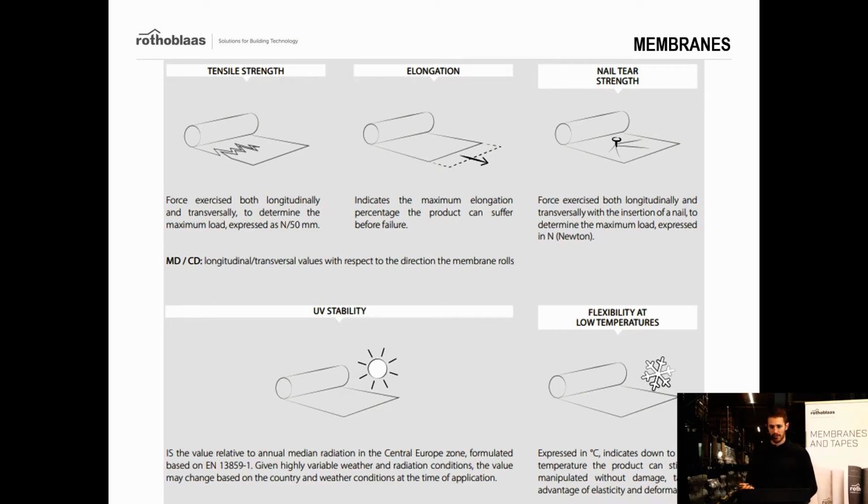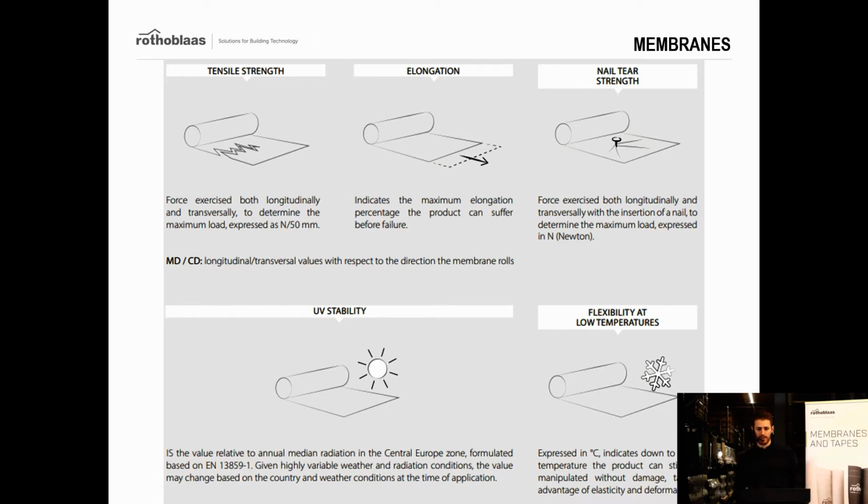So when you're placing a membrane onto an inclined roof pitch, it's important to choose a membrane that has a very good tensile resistance, for example, to prevent the tearing.